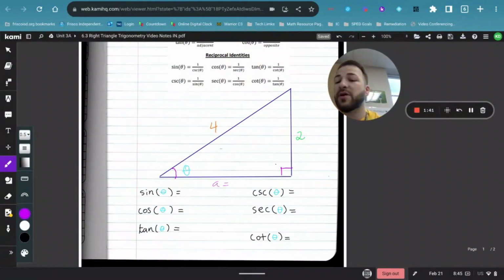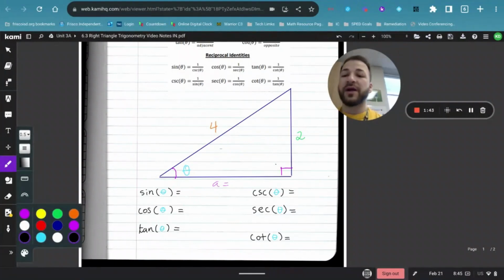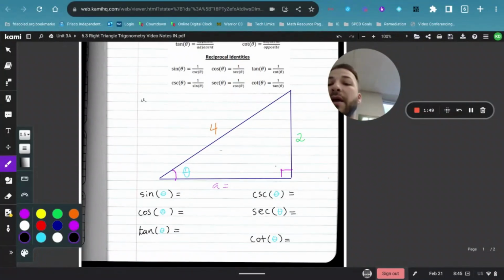Now I have a right triangle, and I have 2 sides of that right triangle. So if you remember from geometry, with right triangles, we can find a third side by doing the Pythagorean theorem. So A squared plus B squared is equal to C squared. As we've already stated, A is what we don't have. B is my other leg, so 2, and C is going to be 4.